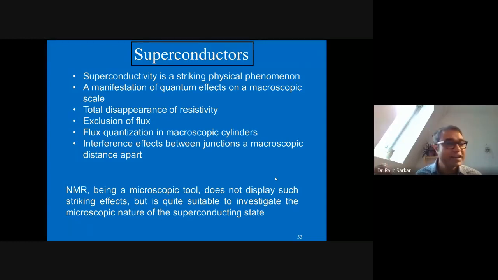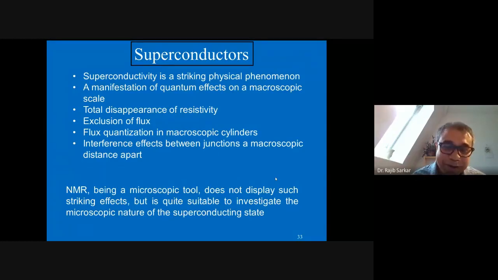Imagine you put a current through copper, and it heats up; you lose a lot of energy through radiation and so on. But in a superconductor, in a thought experiment, the current would persist for infinite time. There is no loss. Then you have exclusion of flux, flux quantization in microscopic cylinders, and more information like interference effects between junctions.